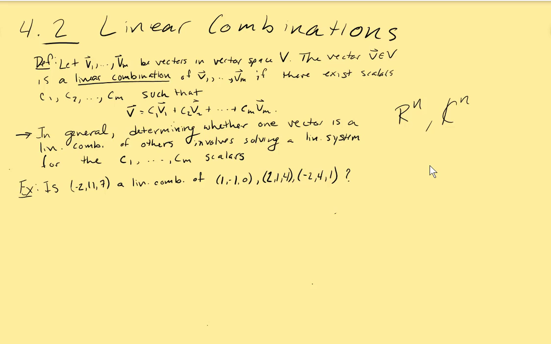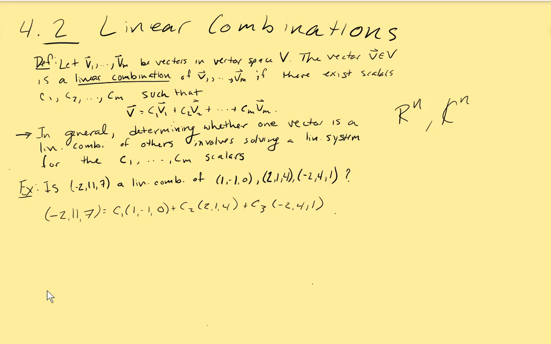First, I'm going to say that this vector we're starting with, in order to be a linear combination of these three, we better be able to write this vector -2, 11, 7 in the form -2, 11, 7 equals c1 times 1, -1, 0 plus c2 times 2, 1, 4 plus c3 times that last vector, -2, 4, 1.